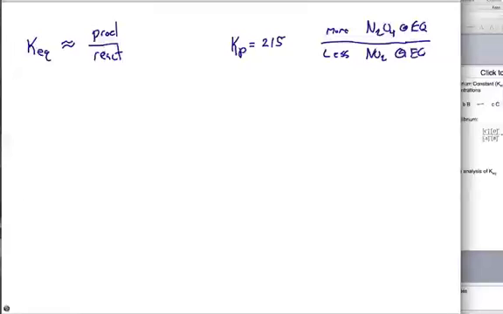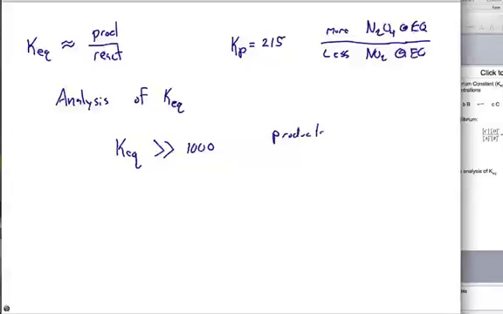So we can do a quick analysis of equilibrium constants and make some simple arguments. If the equilibrium constant is really large, say greater than about 1,000, does it favor the products more or the reactants more?